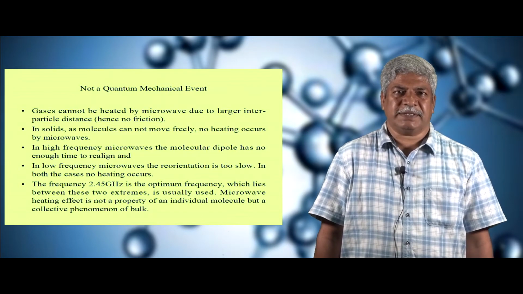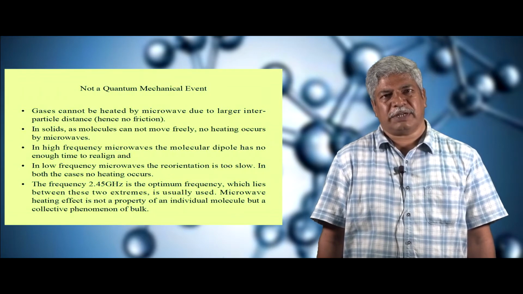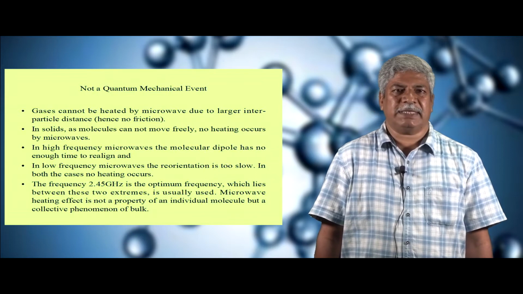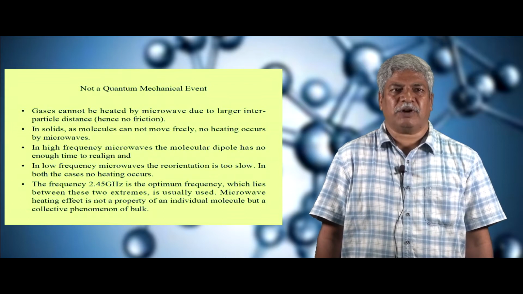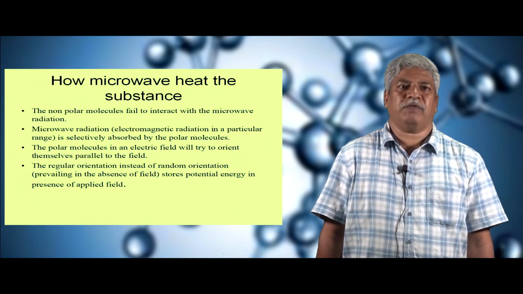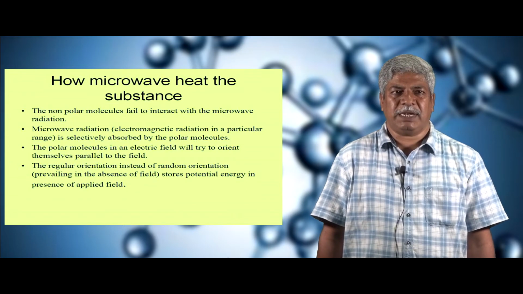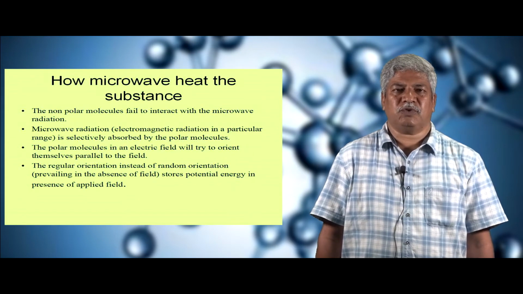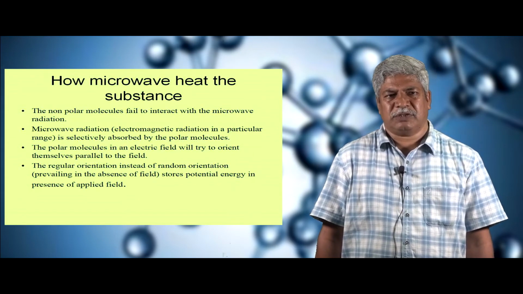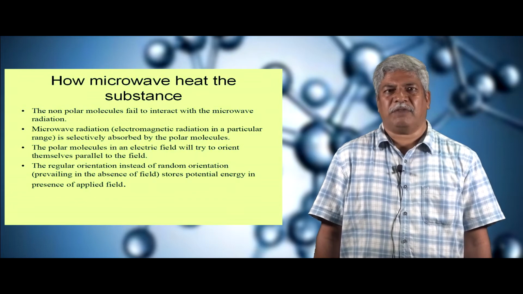So in both cases, if it is too high or too low, the molecules cannot respond to microwaves, and it won't result in a chemical reaction. But microwaves of frequency 2.45 GHz, the optimum frequency in between the two extreme cases, are used to bring about a chemical reaction. So this is not a property of an individual molecule, but a collective phenomenon of the bulk.